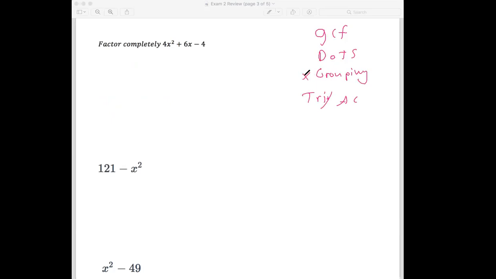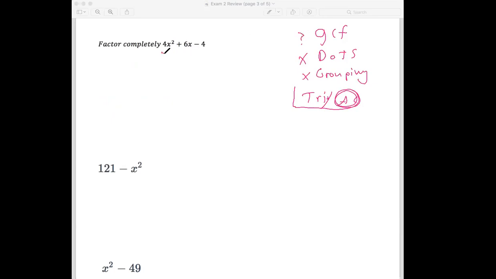Well, it's not grouping, it's not dots. It's not grouping because there's not 4 or 6 terms. It's not dots because there's not 2 terms. Let's try GCF, right? You might think that you want to do trinomial, specifically AC right away, because you see that it's trinomial, but maybe the GCF works.